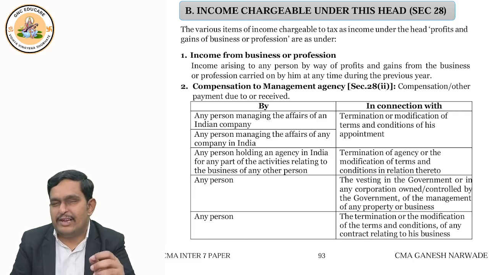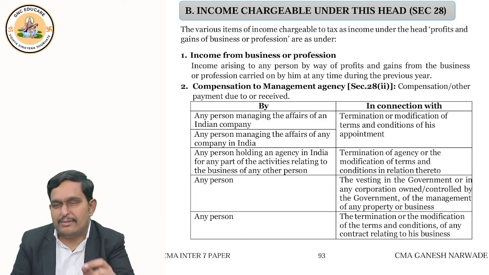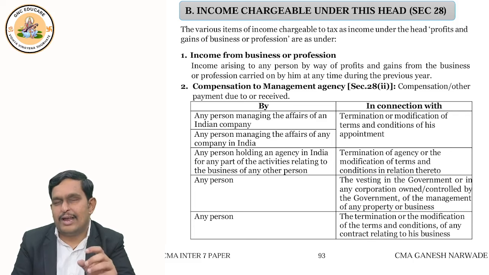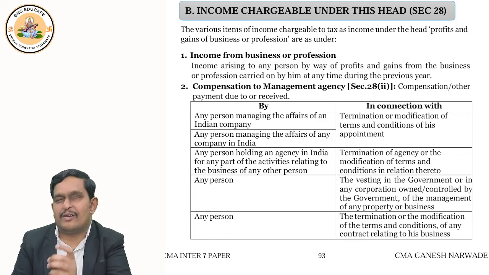Look, what's the difference between any person above and below? Above, it was all about government corporations. And the fifth part talks about any person, any business where the owners, the top level managers are removed. Then it is taxed under PGBP if they receive compensation for termination or modification of terms.